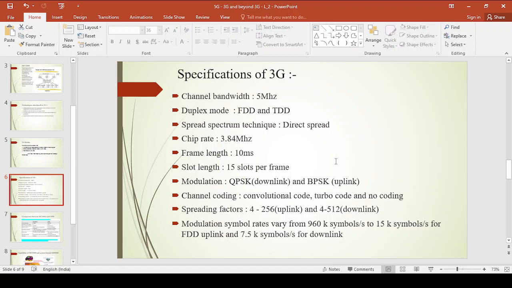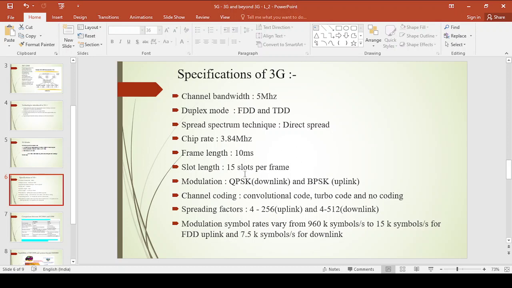You have to remember, a particular channel is divided into a number of frames, given by 10 ms. Each frame has 15 slots.